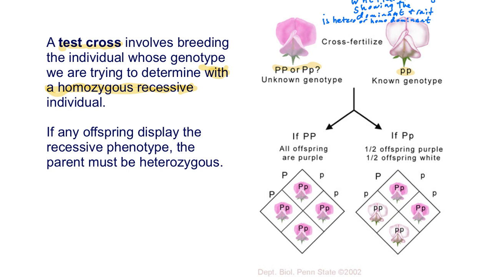Okay, so if you had big P, and let's say big P stands for purple, and little p stands for white.